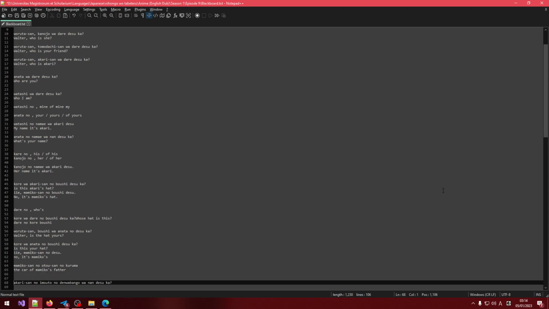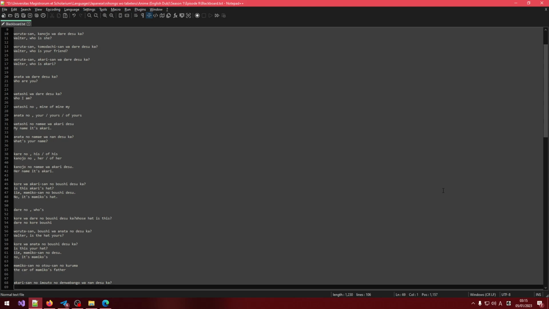Akari-san no. So Akari-san is taking possession of something. What is it? Imoto. Younger sister or little sister. Akari-san no imoto no denwa bango. What's denwa bango? Well, cell phone number. So this sentence could be like, what's the phone? What? 何ですか?